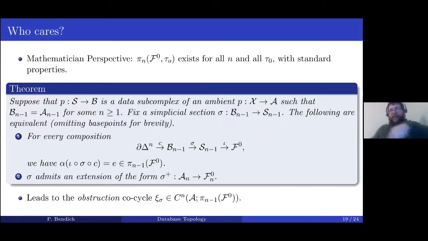I know that's defined because I have a section on the n minus 1 skeleton. I then look at that section as an element of pi n minus 1 of f naught. That's my element of pi n minus 1 of f naught. I've made that assignment to every n-cell. So I have a cocycle. Turns out that it's a cycle. That's one of the things Steenrod proved. I have a cocycle of dimension n doing that.